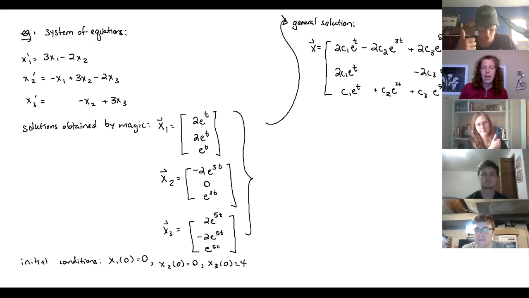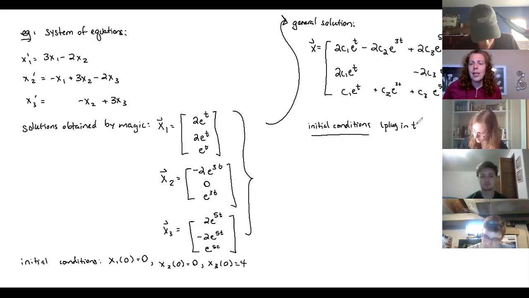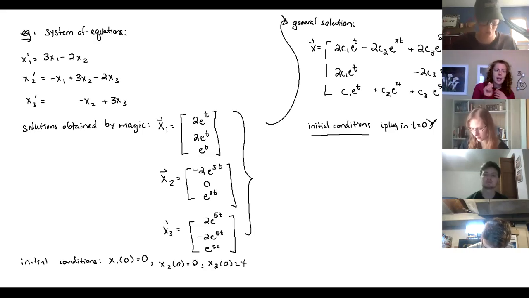Yes, good, nodding. Okay. All right, so now what I can do is use my initial conditions. So initial conditions, here's what I'm going to have. I'm going to write it out this way, and just to remind you, plug in t equals 0, right? Because all of my initial conditions are x1 of 0, x2 of 0, right? So those can go away. All my e's are going to go away.